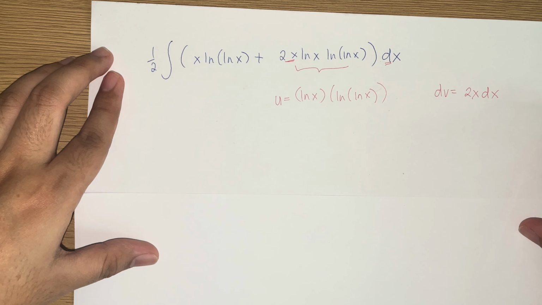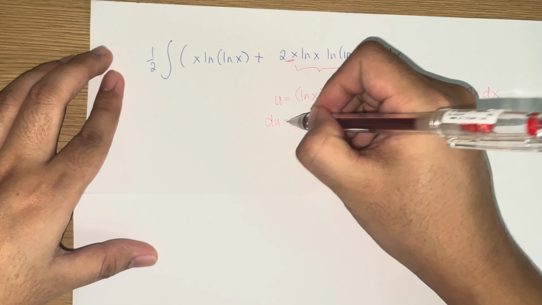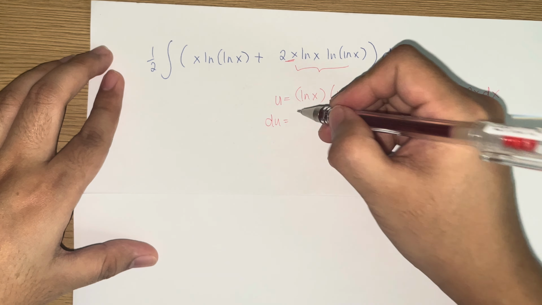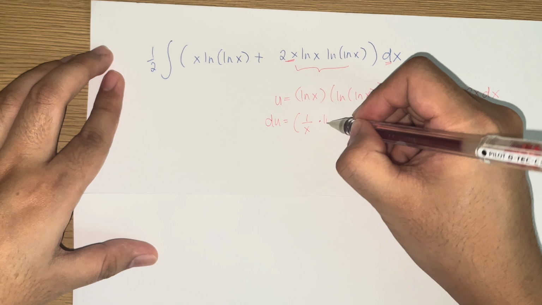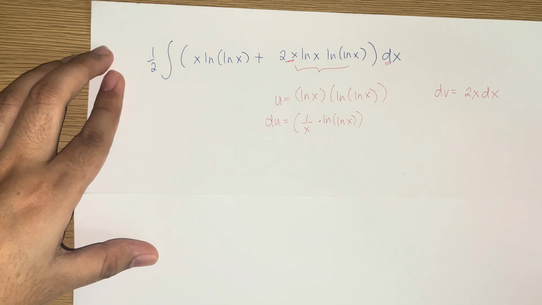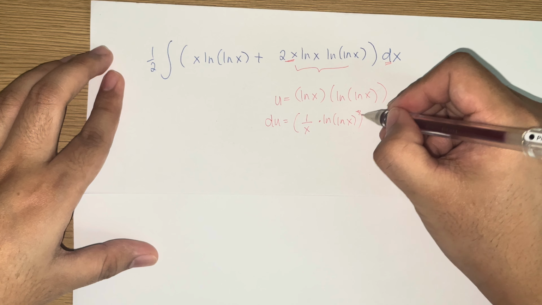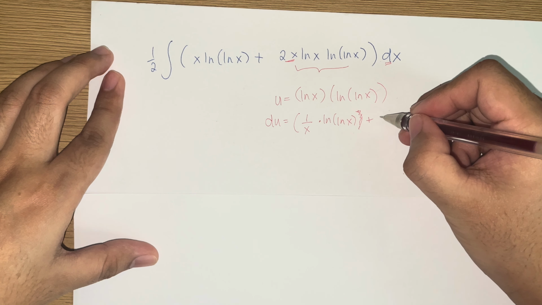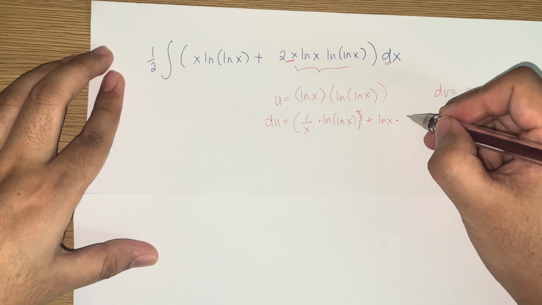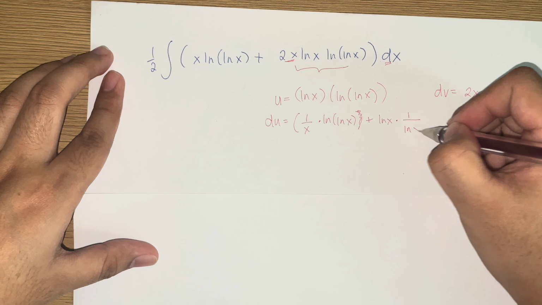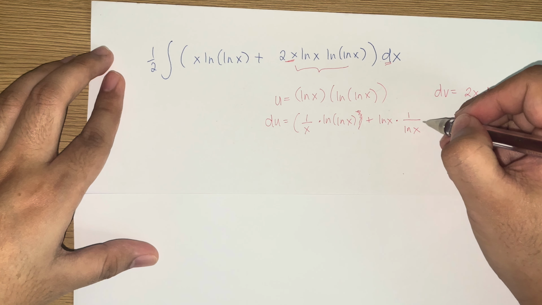We get the differential element du equal to, by the product rule, the derivative of this, 1 over x times ln of ln x, plus ln x times the derivative of this, by the chain rule, that's 1 over ln x times x.